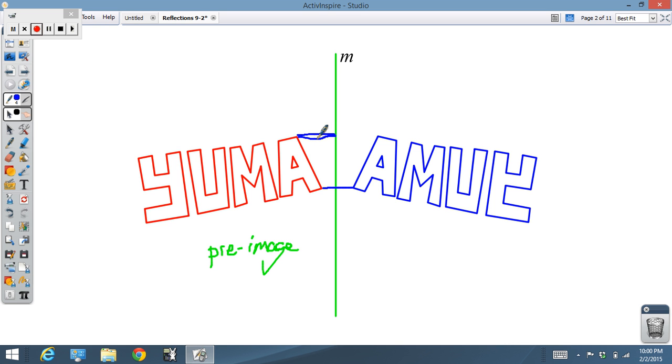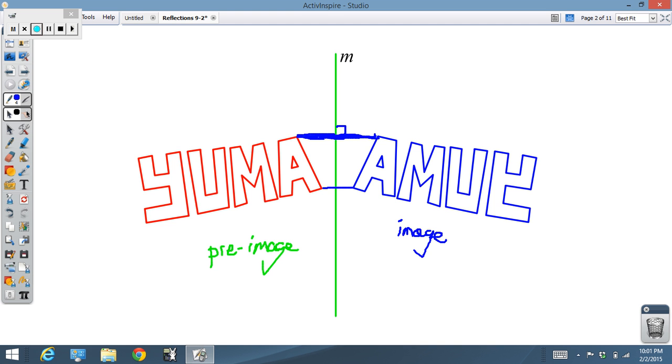So the distance from this corner to line M is going to be exactly the same distance from line M to this corner in a perpendicular manner, or in other words, M is the perpendicular bisector of any line that connects a point and its corresponding point. So basically, then we get an image, right? So this is kind of an important concept that I'm throwing at you.